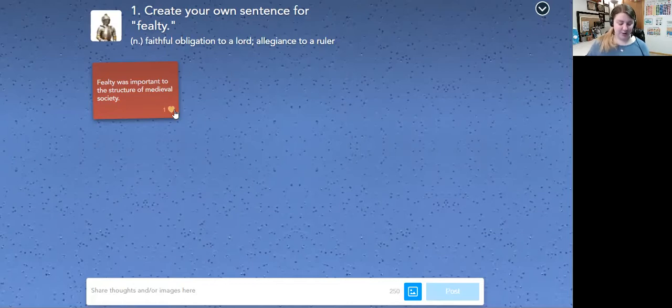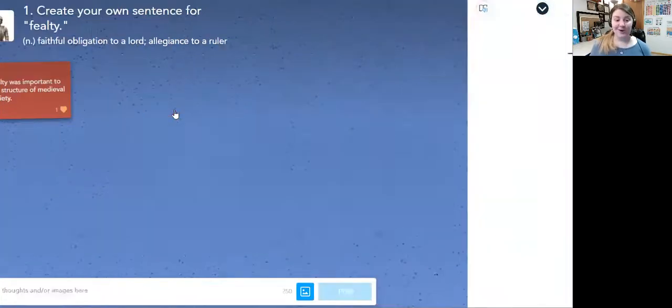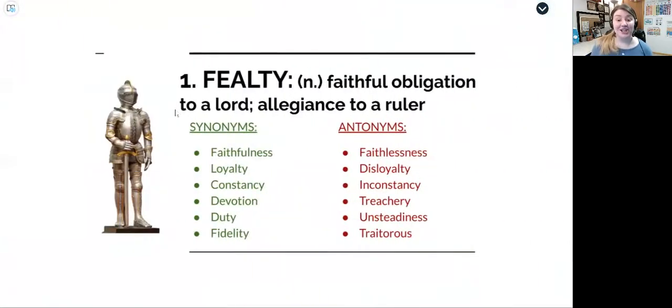Okay, so when we're done with this one, we can go on to the next slide, and I share synonyms and antonyms for each word. So for fealty, our synonyms could include faithfulness, loyalty, constancy, devotion, duty, or fidelity.